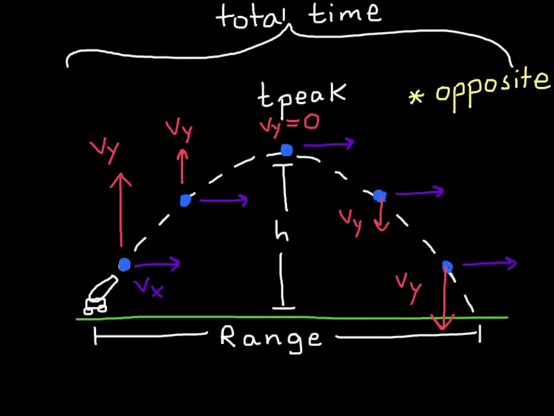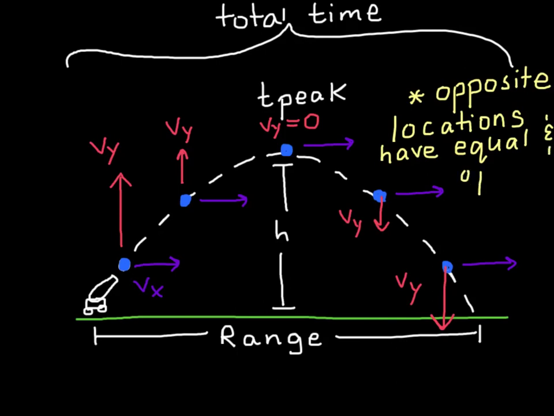Because they're symmetrical, corresponding opposite locations on the path have equal and opposite velocities in the vertical direction.